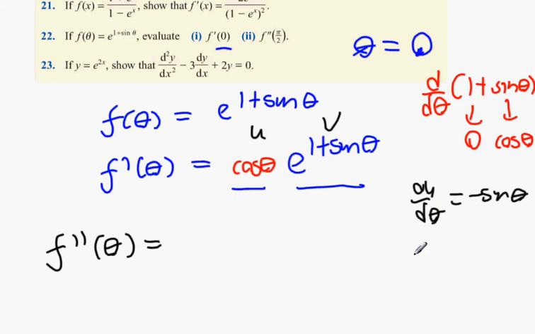The v d theta: the power is maintained, so it's the same as last time, e to the 1 plus sine theta. Differentiate sine theta, you get cos theta. So it's actually already done from the first section. There it is, the second derivative.